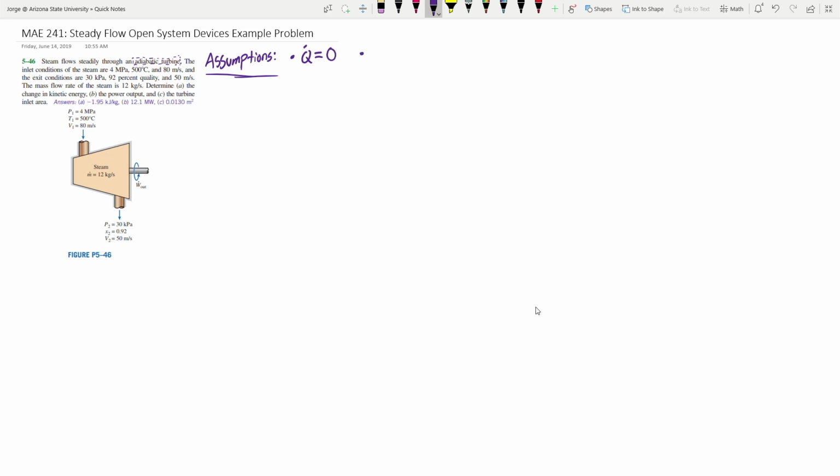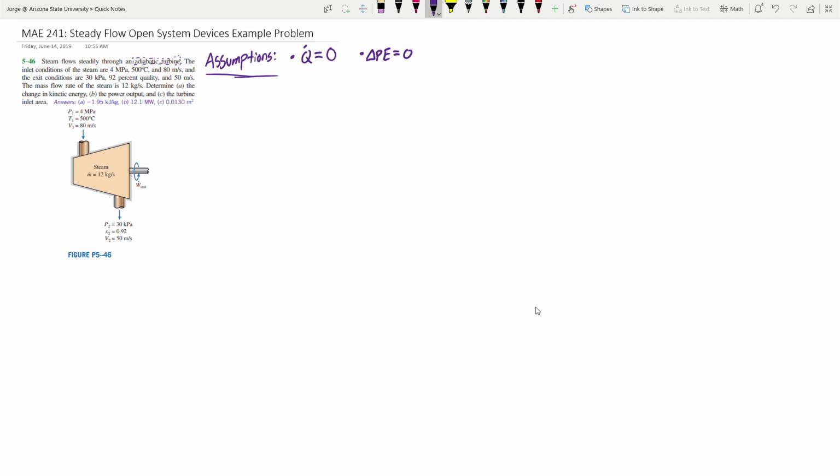And being that this is a turbine, as you recall from the other video going over all the different kinds of devices we may experience in thermo, for turbines the change in potential energy is negligible. So we can say the same here. And I believe that's all we can assume for this.